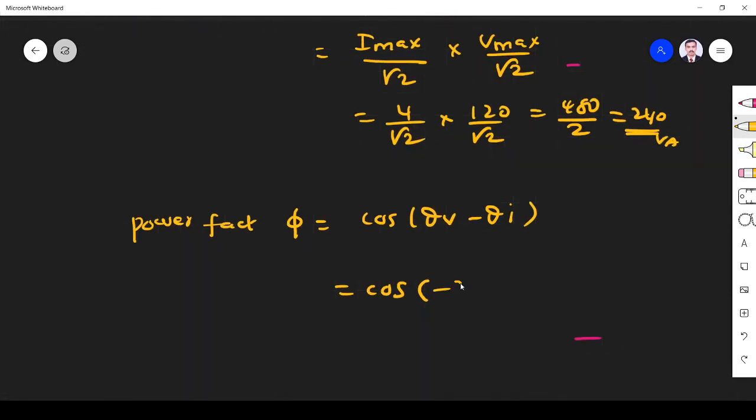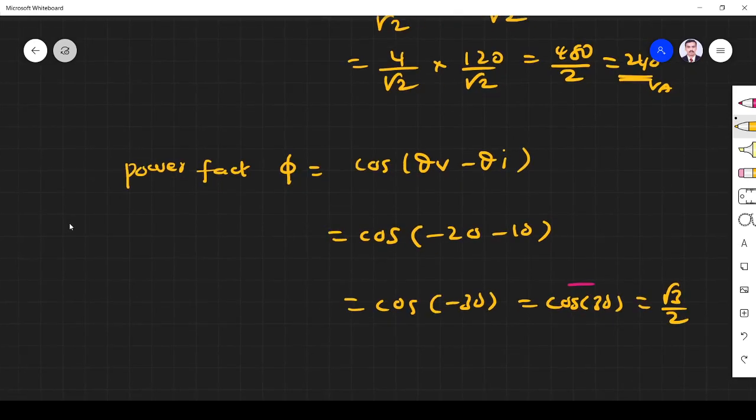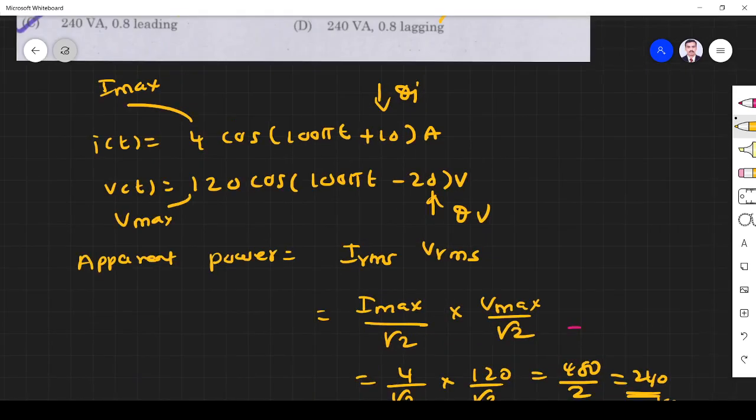So minus 20 minus 10 gives cos of minus 30, which is equal to cos 30, root 3 by 2. Root 3 is 1.732, divided by 2 is 0.866.